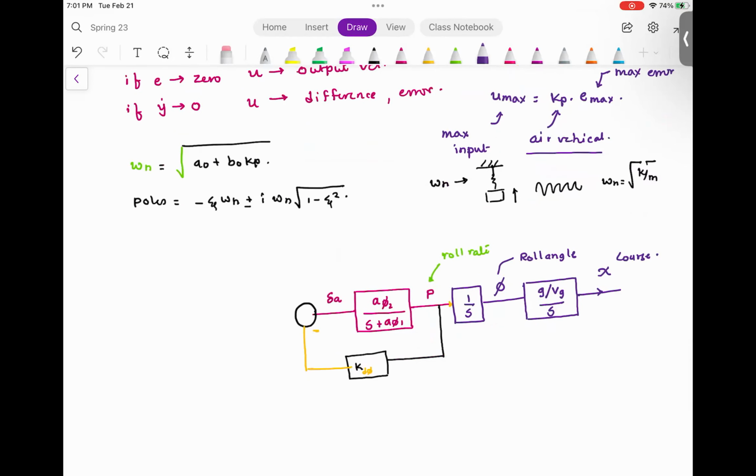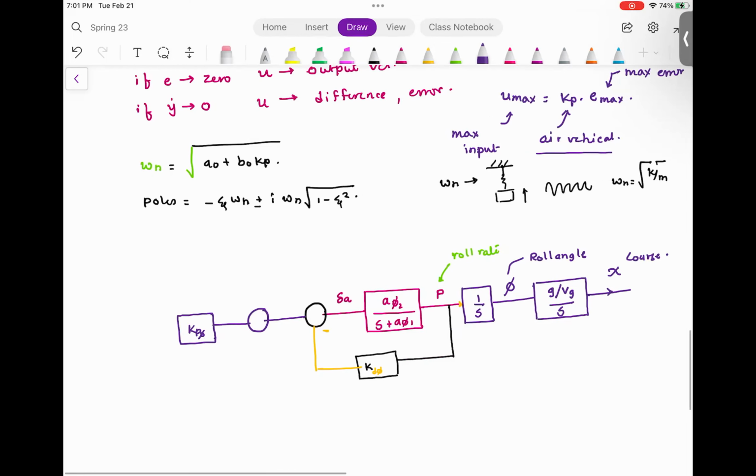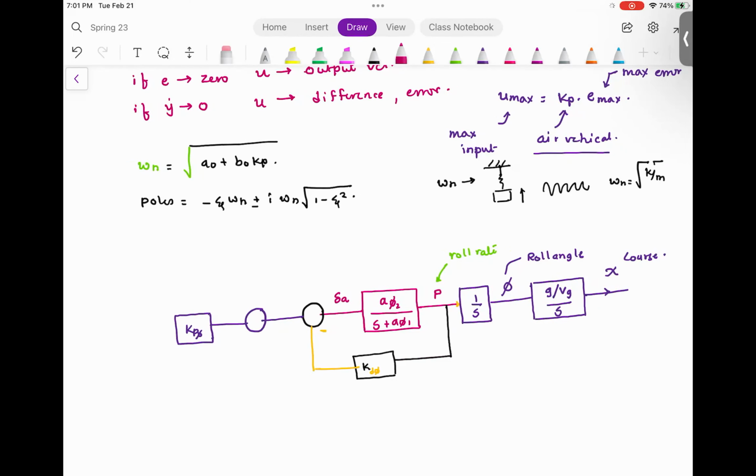Now here, what I have is another summing junction, and this summing junction has a Kp, and then this Kp has another summing junction.